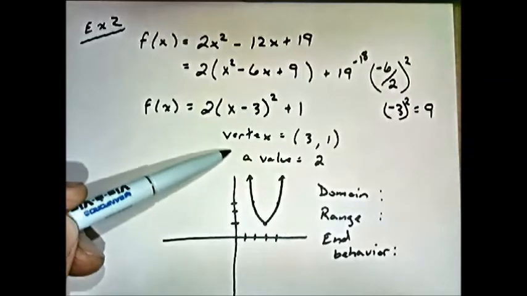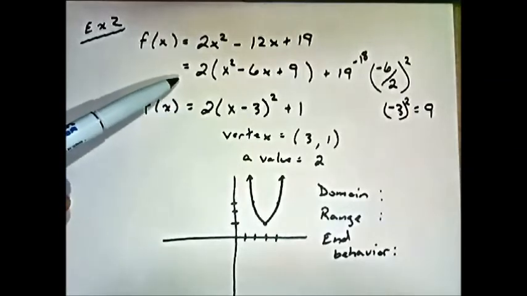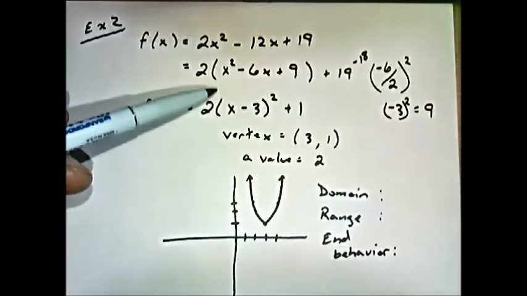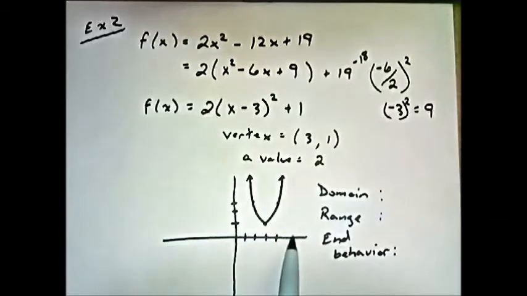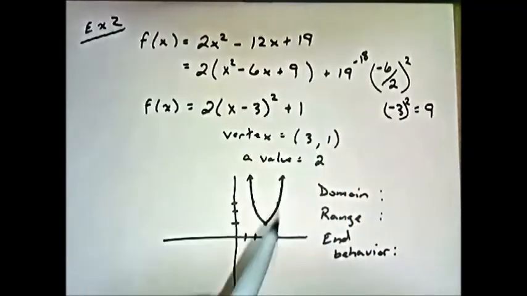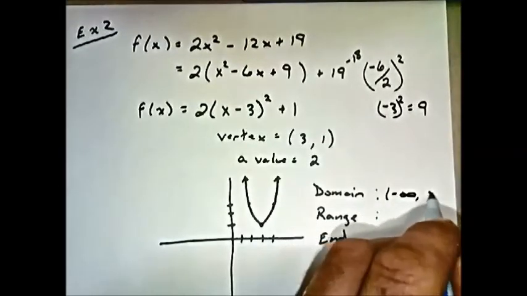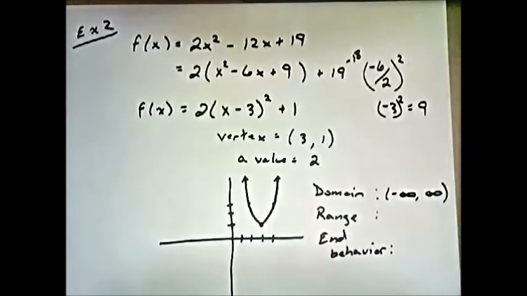This graph goes up forever in the outward direction, so I can always start at my x-axis and go up and touch that graph. As I go along the x-axis out to positive infinity, I can also go up and touch that graph. So my domain, we say, is negative infinity to infinity.